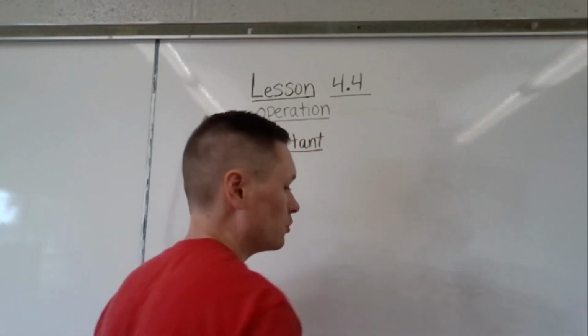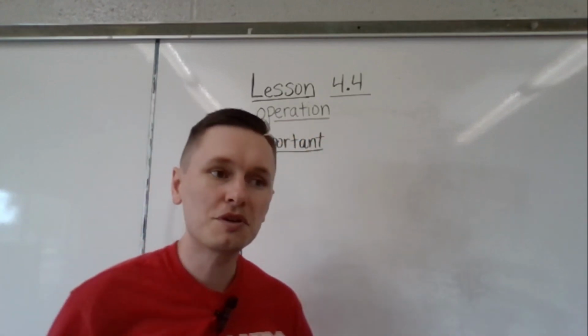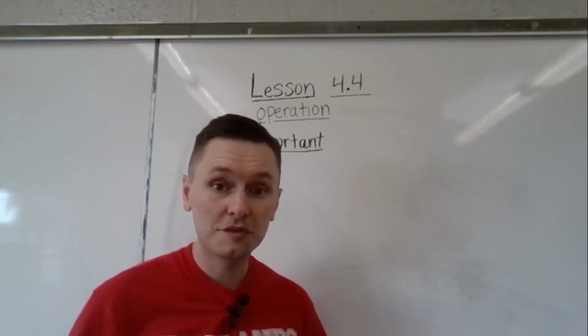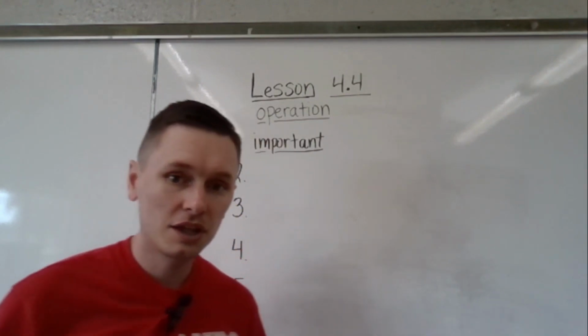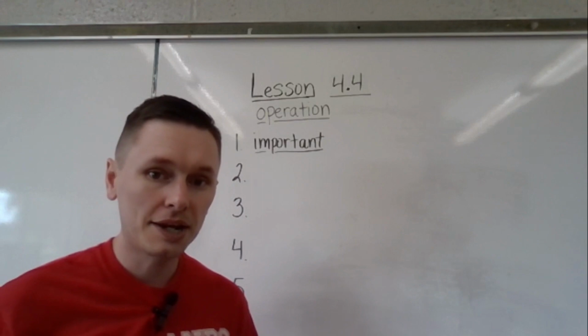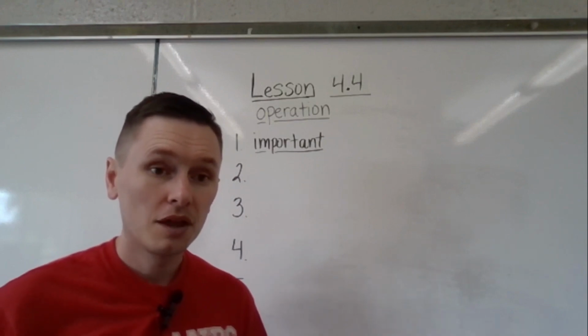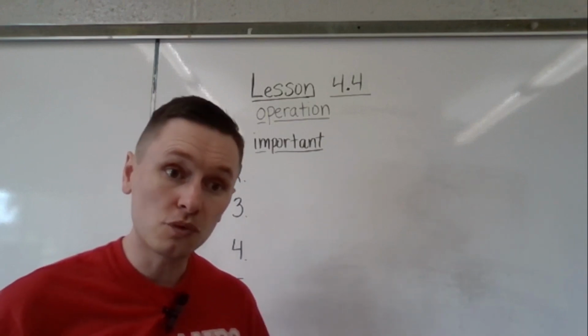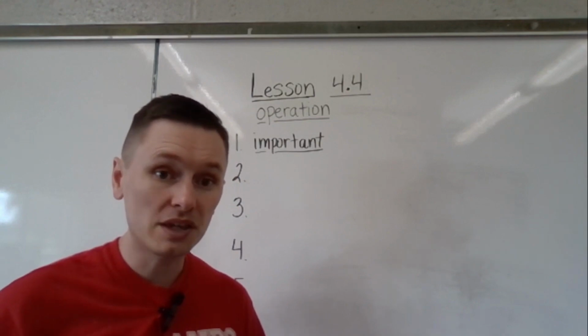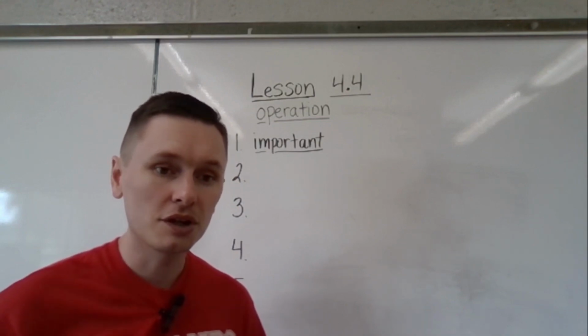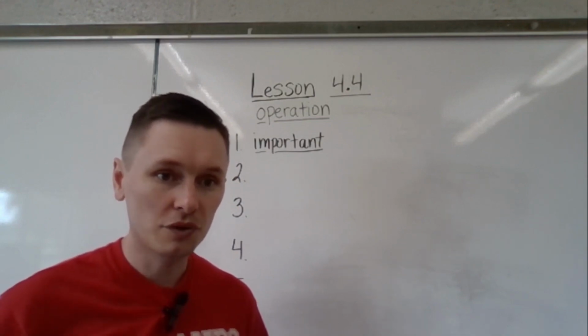You highlight the important information, box it in, circle it, or underline it, however you want to do it. But you find a way that helps you understand and organize the problem, and you keep using that same way throughout the year so that it becomes second nature as you're doing it.